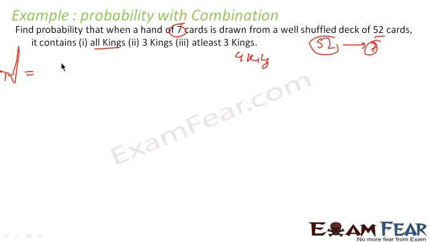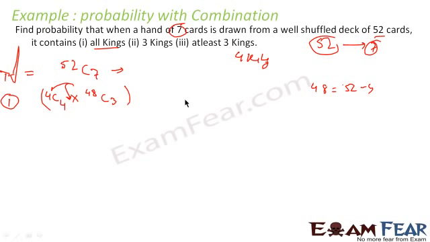This will be equal to 52C7, drawing 7 from 52 cards. This is the total outcome. Now in case 1 we are saying all kings, that means all 4 kings are selected, 4C4. The remaining 3 we take from 48, which is 52 minus 4, because we have already consumed 4 kings. So 48C3 is the favorable event for all kings.